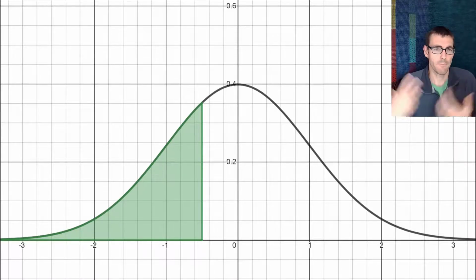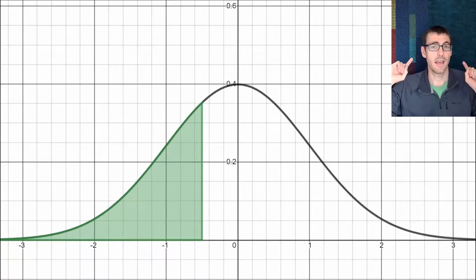And since this is a fundamental question about something that's used fairly often, there is an R function that tells us that.